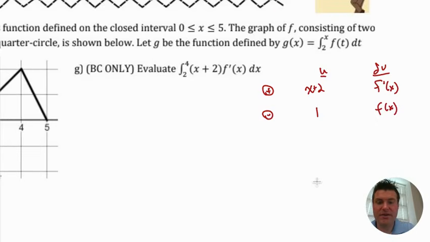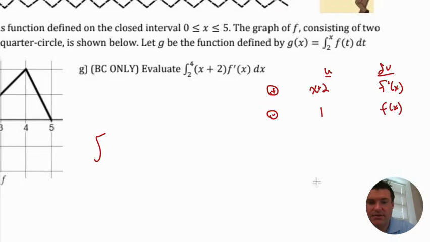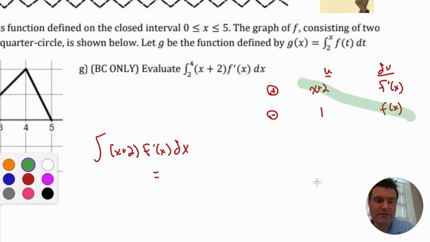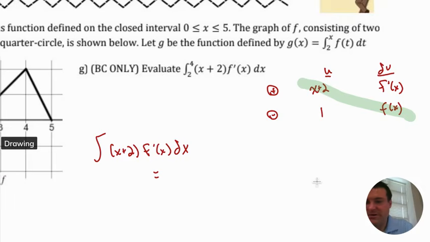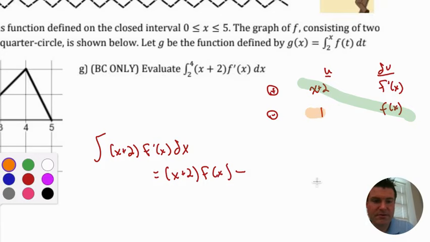So if I can rewrite this integral of x plus 2, I'm going to ignore the bounds for right now. F prime of x dx is equivalent to, I'm going to use a highlighter function here. Highlight in green. It's going to be this first part. So that's going to be x plus 2 f of x minus, I'm going to highlight the next part, orange.